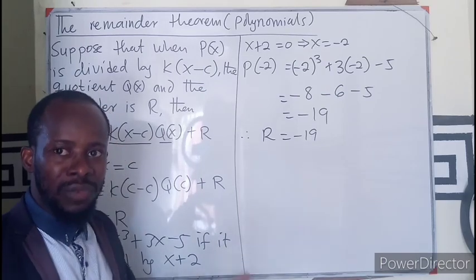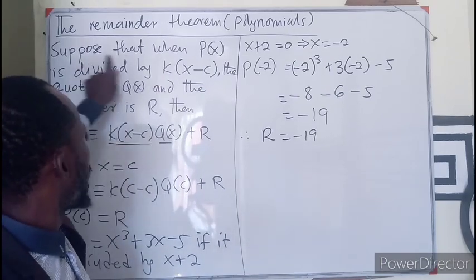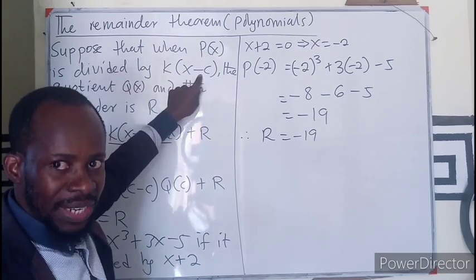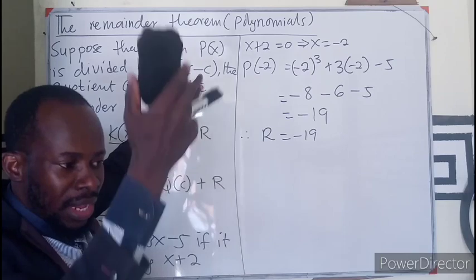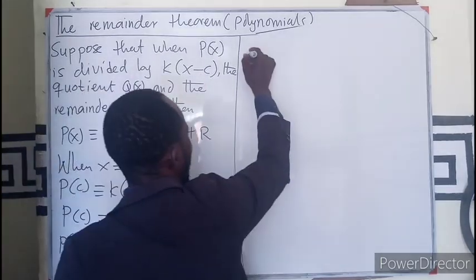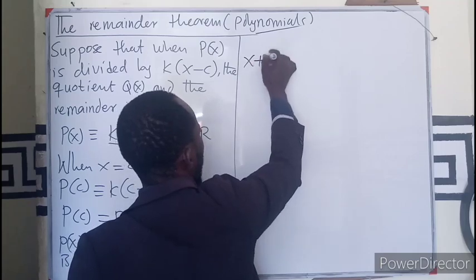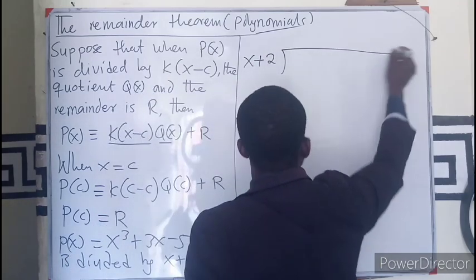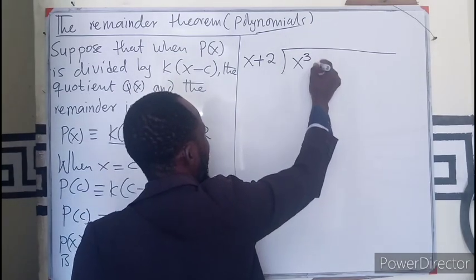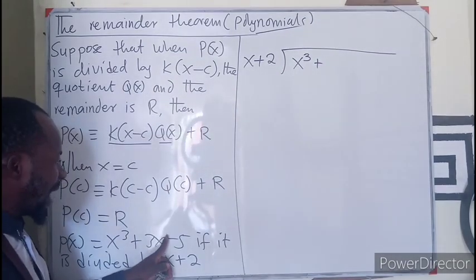Another way is using the division. Suppose the function is divided by this. We know division, long division. The long division approach: so we are going to have our x plus 2. Then we have x to the power 3 plus, this is x to the power 1.